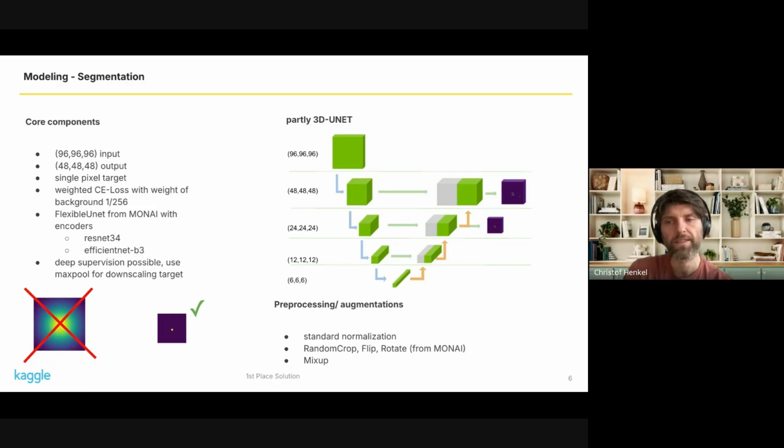2 things make my segmentation approach stand out from others that were quite popular on Kaggle. One thing is that I didn't use the very last layer, but I cut off 1 layer before. So the output only has a shape of 48 by 48 by 48, which was enough to predict the targets.